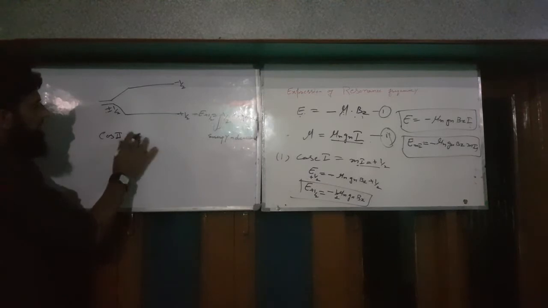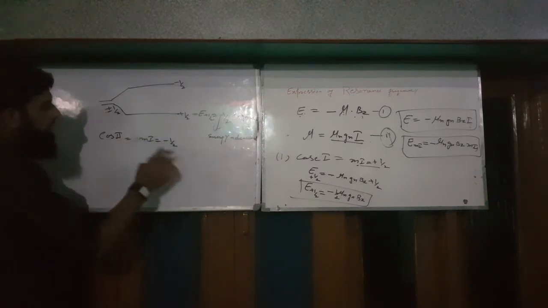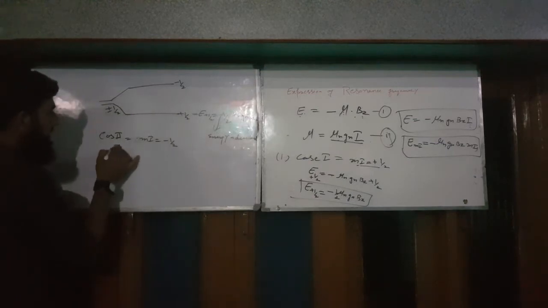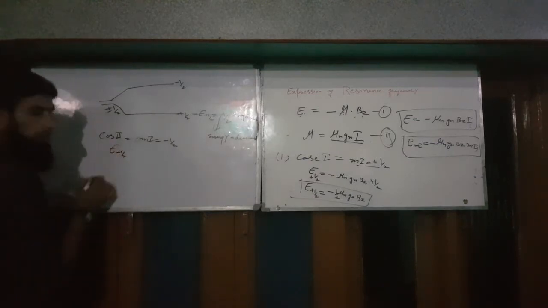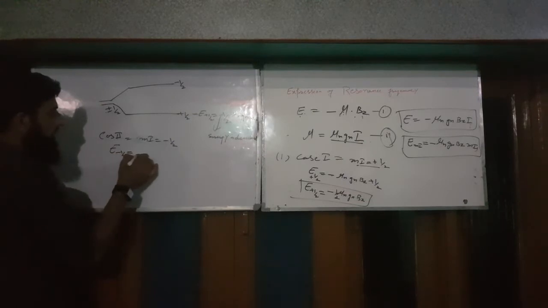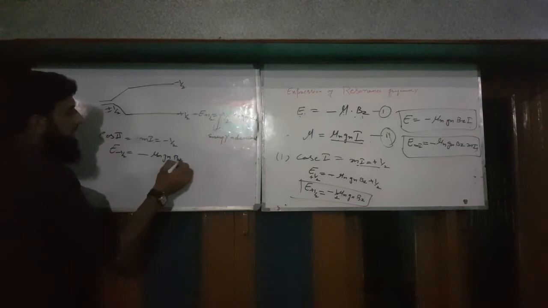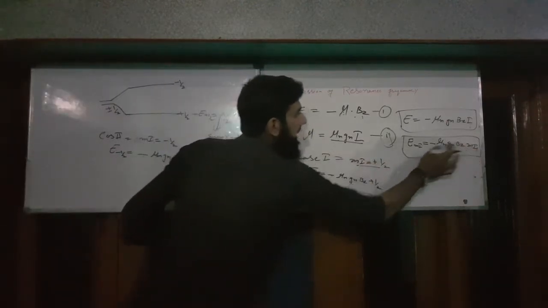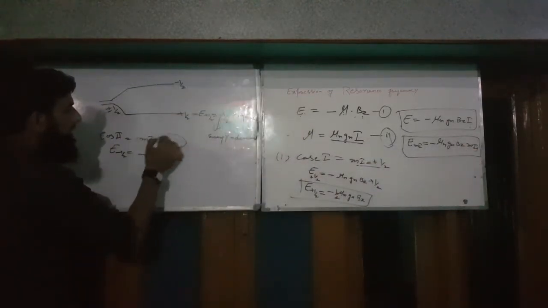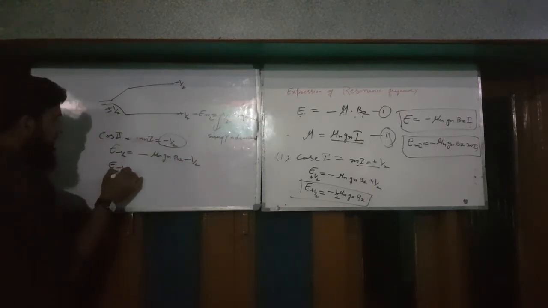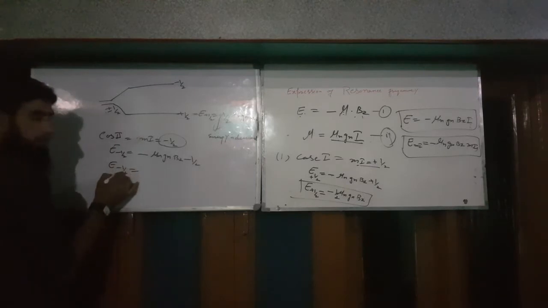If the mI value is minus 1 by 2, we substitute the value in this general expression and find out the energy. Energy of mI value minus 1 by 2 is equal to minus mu n gn Bz, and in place of mI we write minus 1 by 2.